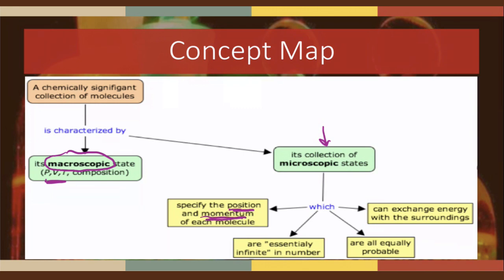Remember, energy is basically just momentum squared with no sign, no direction. And the microstates are basically infinite. Each individual microstate, like atom number 1 being on the left or being on the right, is equally possible, but they make a configuration that's not. The molecules can exchange energy with the surroundings.